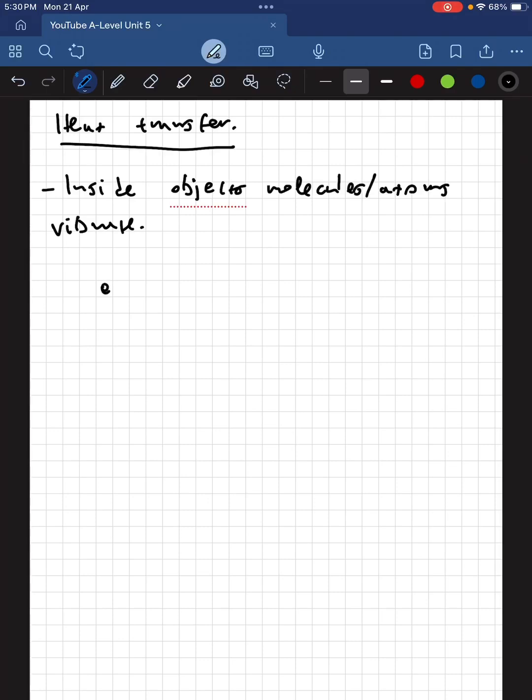So we can model this like this. Maybe these are 3 atoms, and you can picture these interactions as springs that allow the motion of particles. This is how heat is transferred pretty much, because things vibrate.